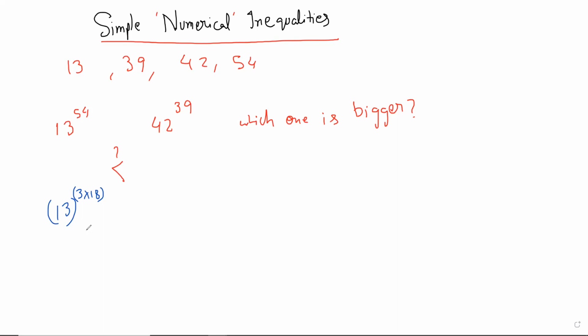42 raised to the power 39 is definitely bigger than 13 raised to the power 39. So there is a difference between the two, and now is this difference bigger or smaller than 13 raised to the power 15?